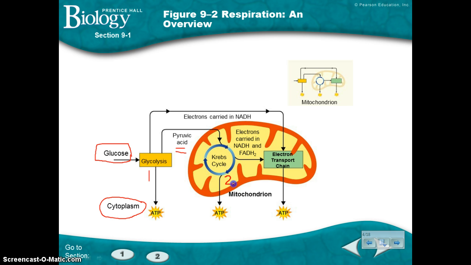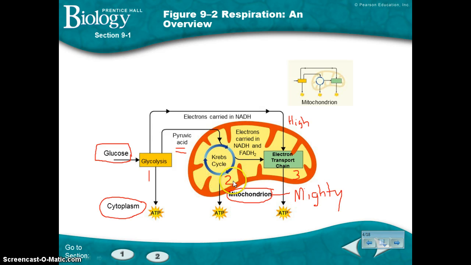So put a little number 2, because this is kind of step 2. The Krebs cycle produces a bunch of high energy molecules, and there are a few of those that are also produced in glycolysis. So these high energy molecules then become the reactant for the electron transport chain, which is really step 3 in this process.